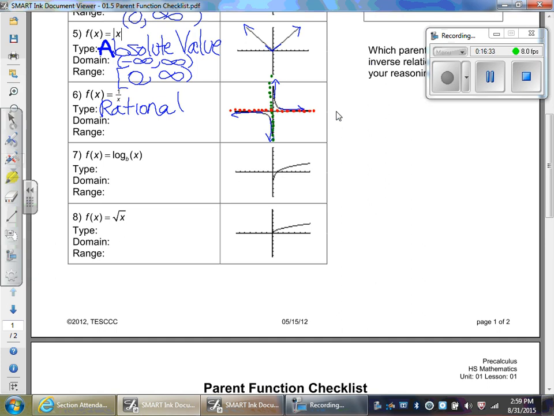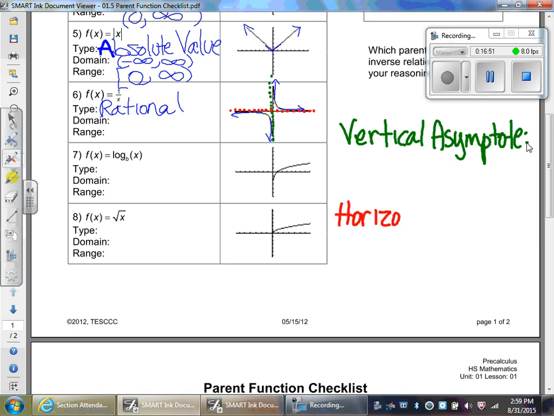Okay, so let's talk about those, and I'm going to try to not spend so much time on that. So we have something called a vertical asymptote. And then we have something called the horizontal asymptote. Now the vertical asymptote for that particular function is going to be the y-axis.